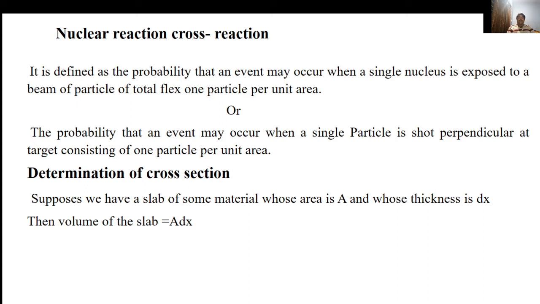Cross section depends on the type of atom we are dealing with during a nuclear reaction. A particle usually collides with the nucleus, and cross section serves as the effective target area of collision.